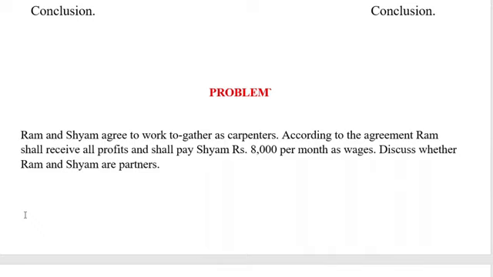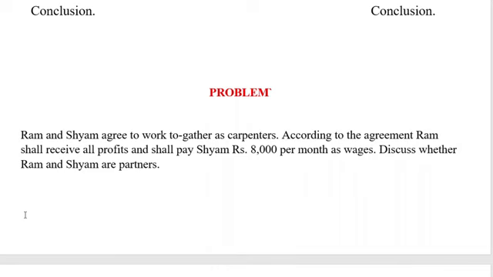They made an agreement that they can carry out the business of carpentry, and one person can receive only profits and the other person can receive the wages. So here we have to analyze whether Ram and Shyam are partners.